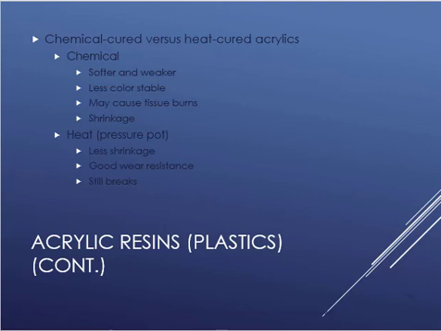So, chemical cured versus heat cured: the chemical cured are going to end up softer and weaker, and less color stable. They may cause tissue burns and may undergo shrinkage. With heat in the pressure pot, there's less shrinkage and good wear resistance, but it still breaks.